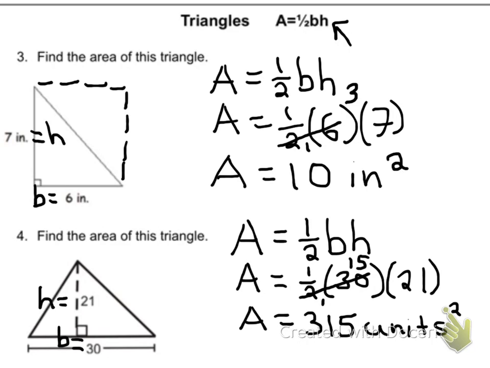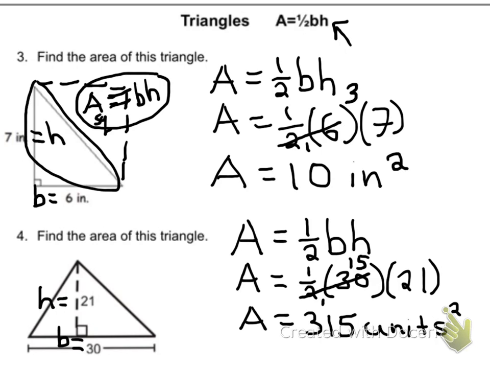The area of a square equals base times height without the 1/2. So if you say area equals 1/2 base times height, you get just half of the square, which is your triangle.